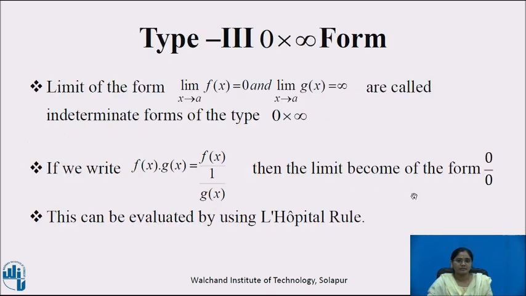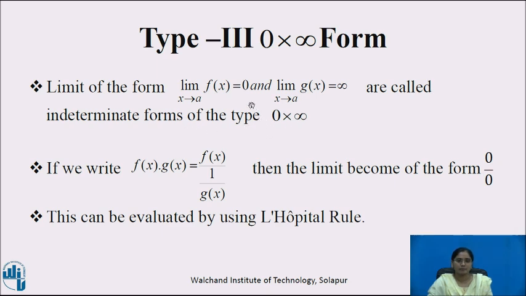We will see the problems of type 3, that is 0 into infinity form. Let us see the definition of this form. The limit of the form limit x tends to a f of x is equals to 0 and limit x tends to a g of x is equal to infinity are called the indeterminate forms of the type 0 into infinity.